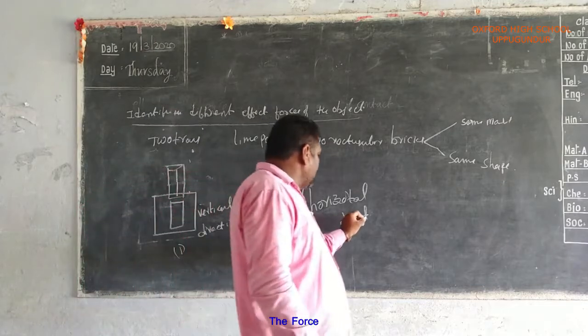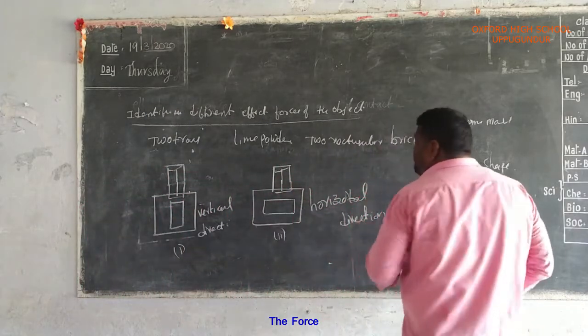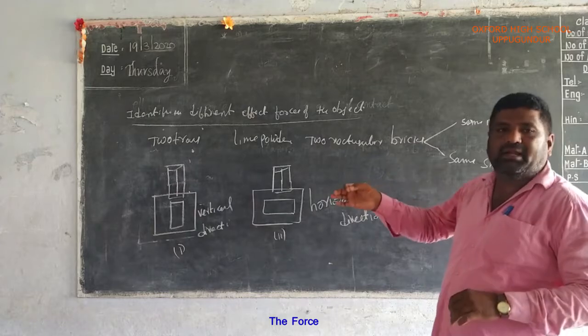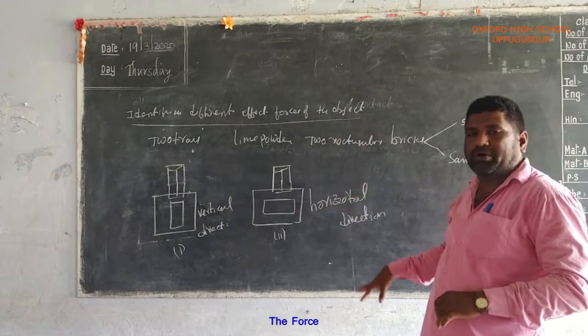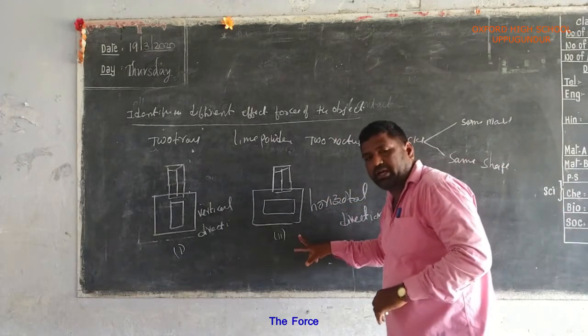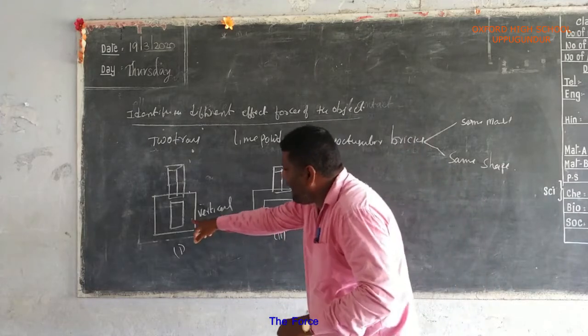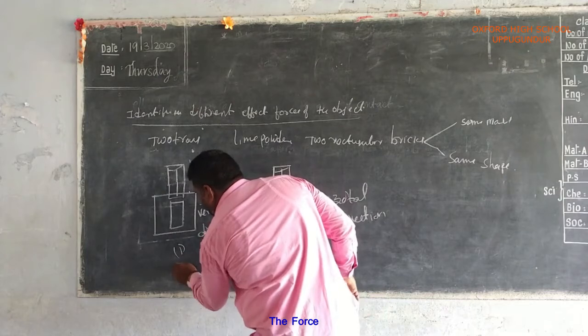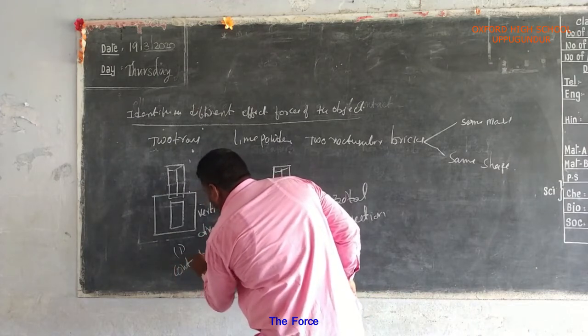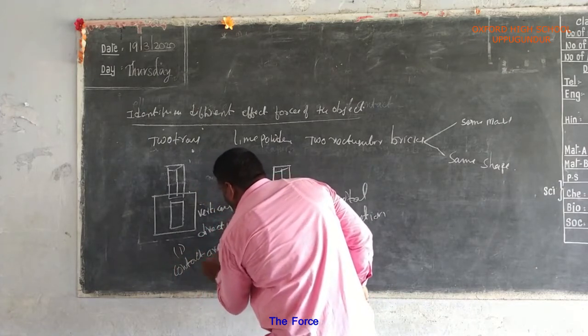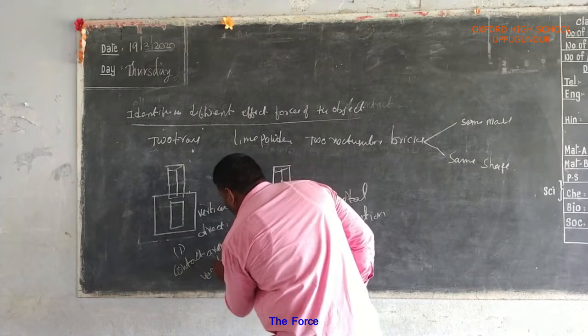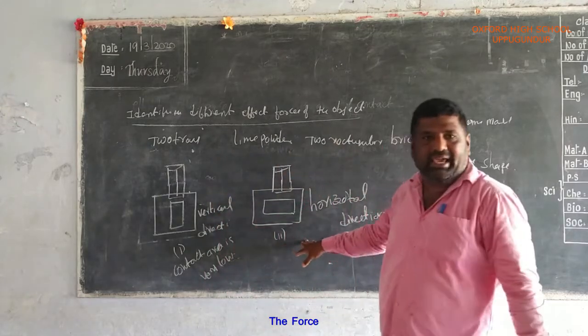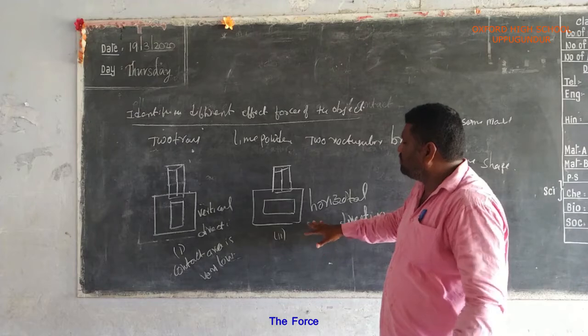So observe the two pictures carefully. In which picture is the brick completely dipped in the lime powder? The second picture, because here the contact area is very low. In the first case the contact area is very low, but in the second case the contact area is more.